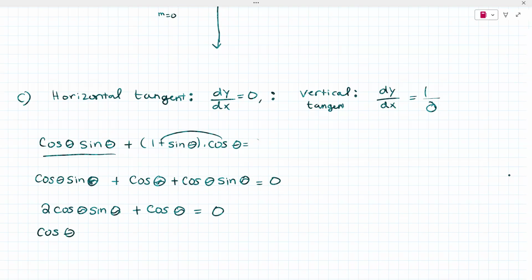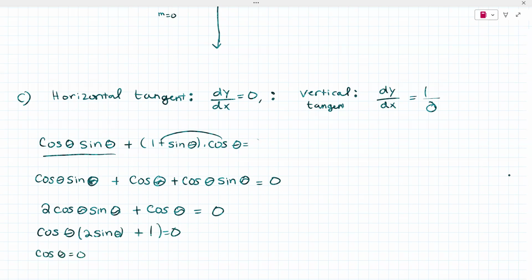That would be cosine theta times 2 sine theta plus 1 equals 0. And then if you set each factor to 0, you get cosine theta equals 0.